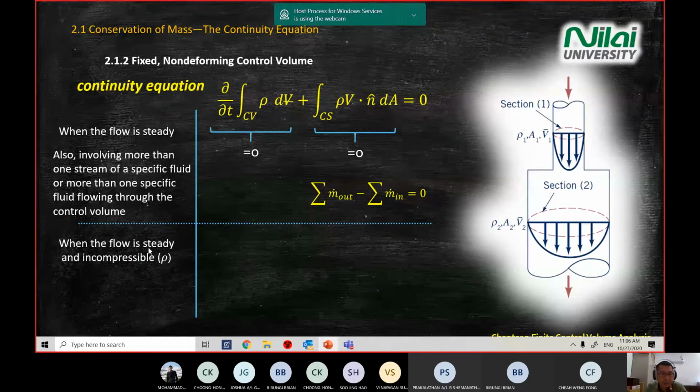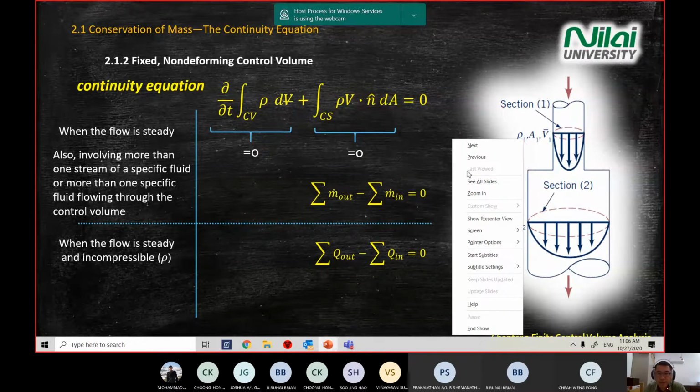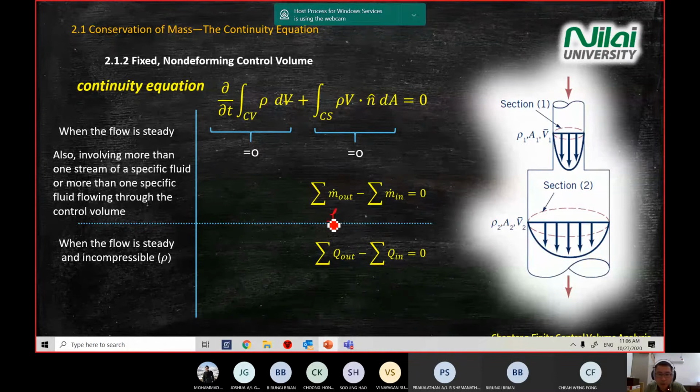When the flow is steady and incompressible, which deals with the density rho, your m dot equation simplifies into the Q term, because m dot equals rho A V, or rho Q. When the flow is steady and incompressible, all the rho is the same, so we can cancel it out. You get Q in this equation: Q out minus Q in equals 0.